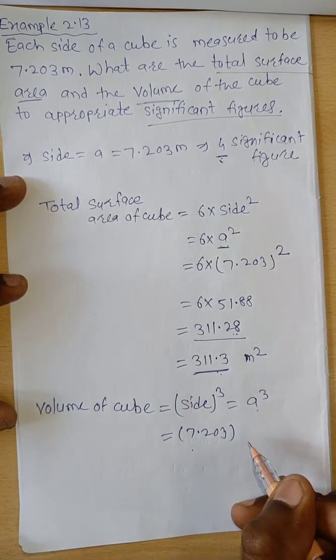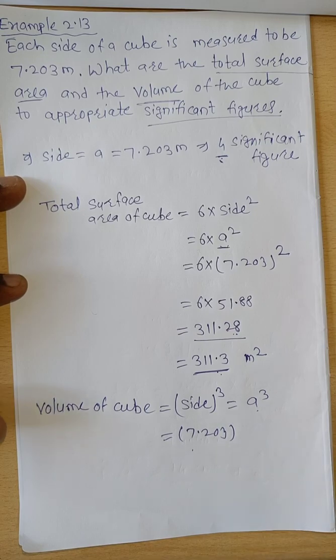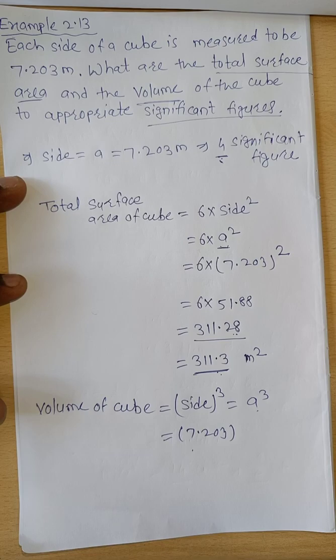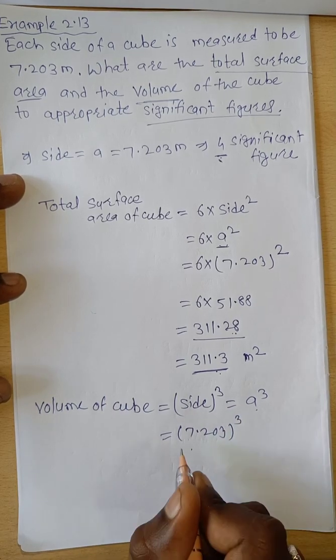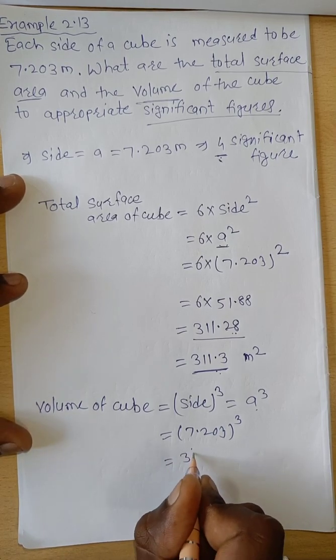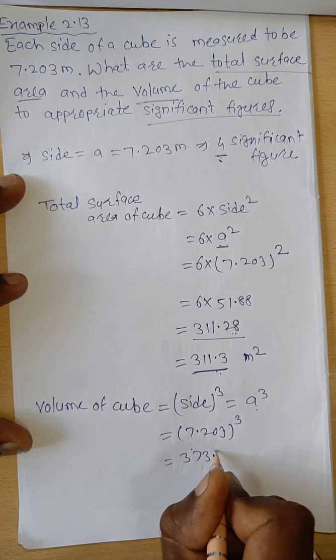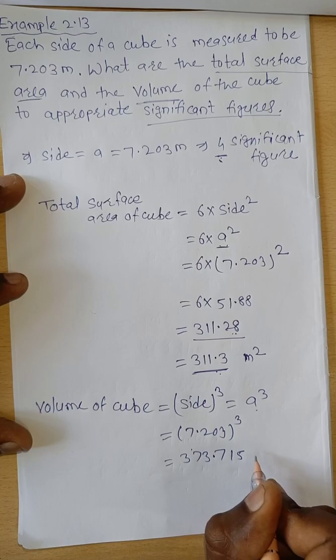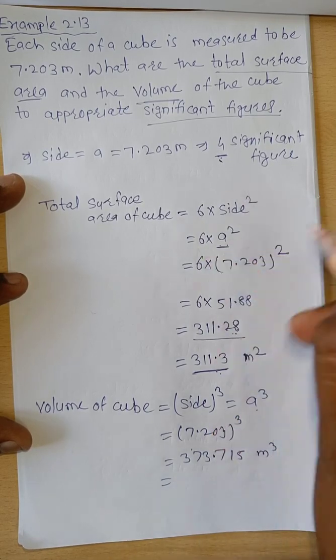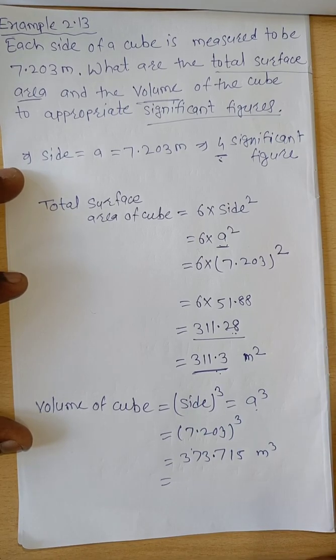Therefore, one A into another A into another A. Now, the first A is 4 significant figures, the second A is also 4 significant figures, the third A is also 4 significant figures. Therefore, our answer should be in 4 significant figures. Therefore, 7.203 cube, we get 373.715 meter cube. Okay, then the answer should be in 4 significant figures.